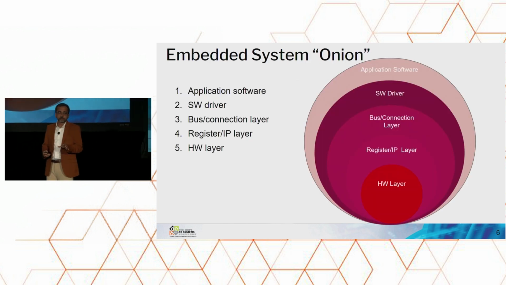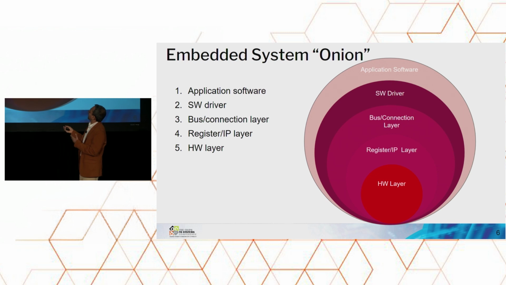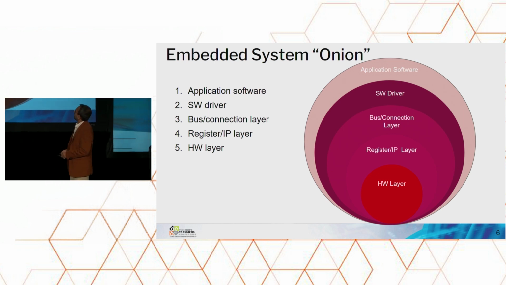If you look at the system in another way, I call it the onion. It's not a new thing, but basically at the top you have the application software. You dig in, you have the software driver.